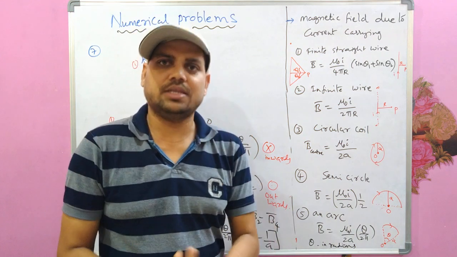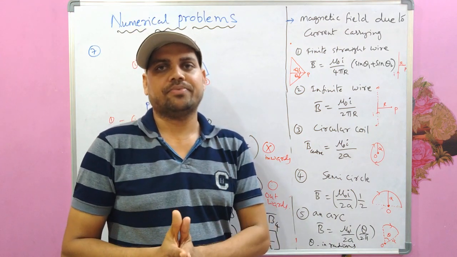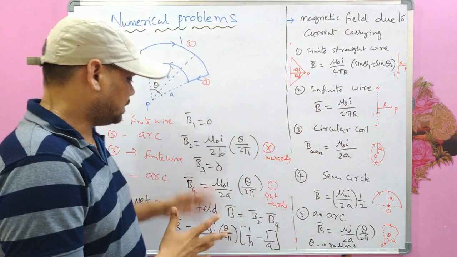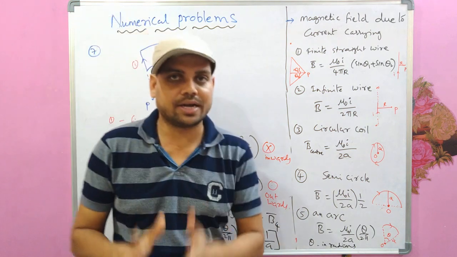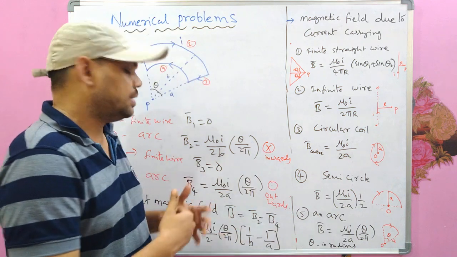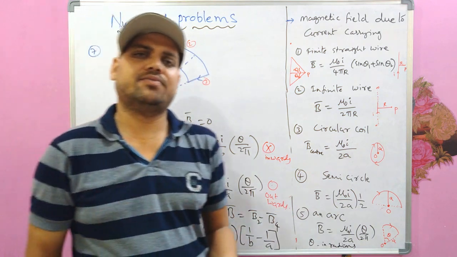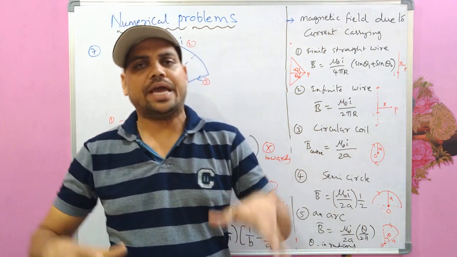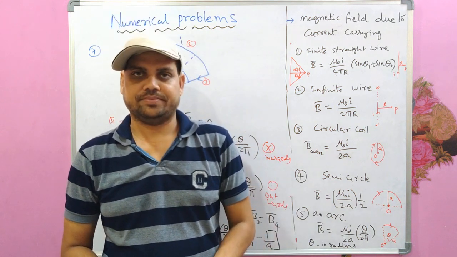So all these you have to keep in mind and calculate magnitude and direction accurately so that it will be easy to find the magnetic field due to any current source.